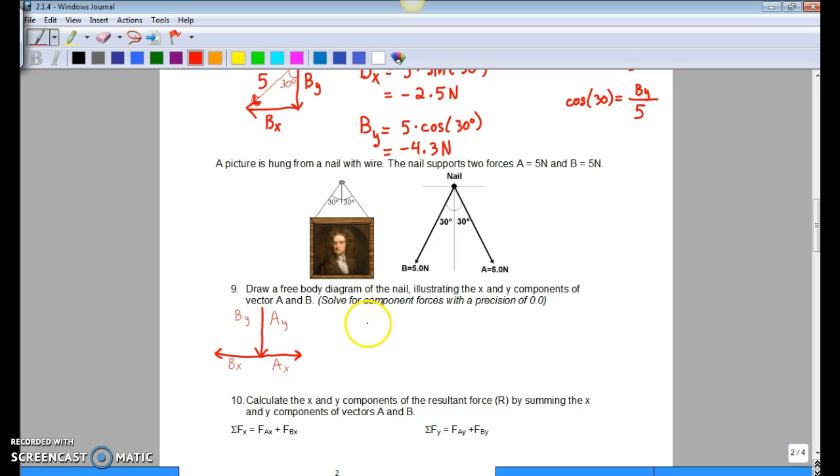So what I'd like to do is, instead of redoing all of our math from 1 through 8, I'm just going to summarize them in a quick table.